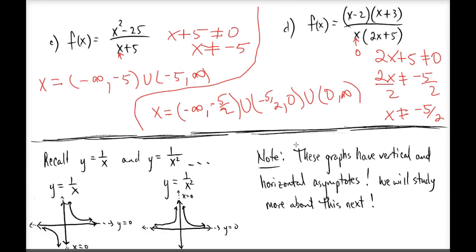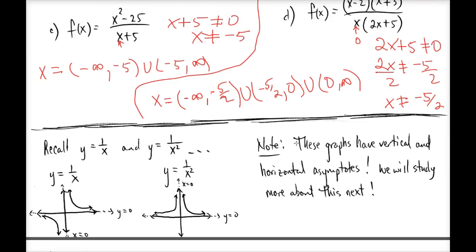So now I want to call your attention to the graphs of 1 over x, which is called the reciprocal function, and 1 over x squared, which is called the square reciprocal function. I know I've renamed these the wax on, wax off function and the band conductor function because of how they look.